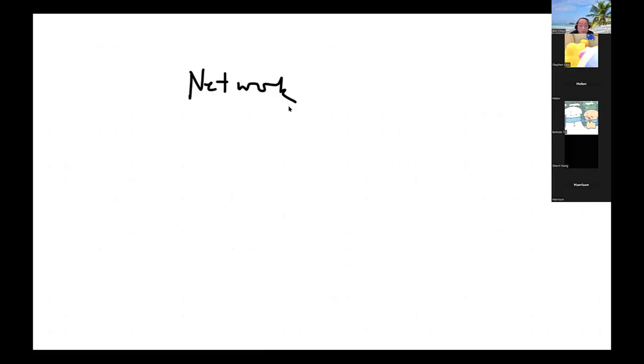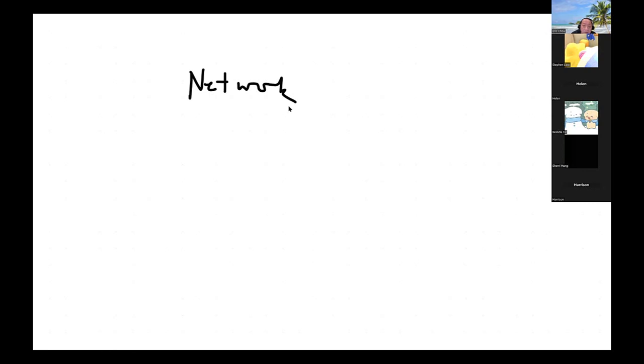Like a system of things. Of what? Of computers, or like CPU. No, that's not network. How about Helen? What's network? Just like interconnected computers.